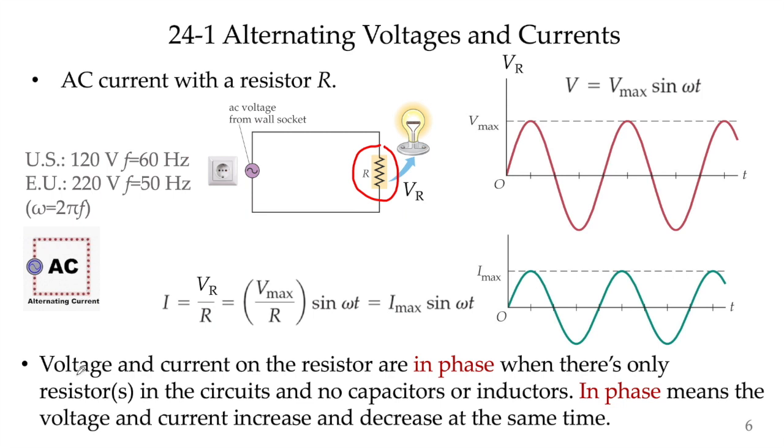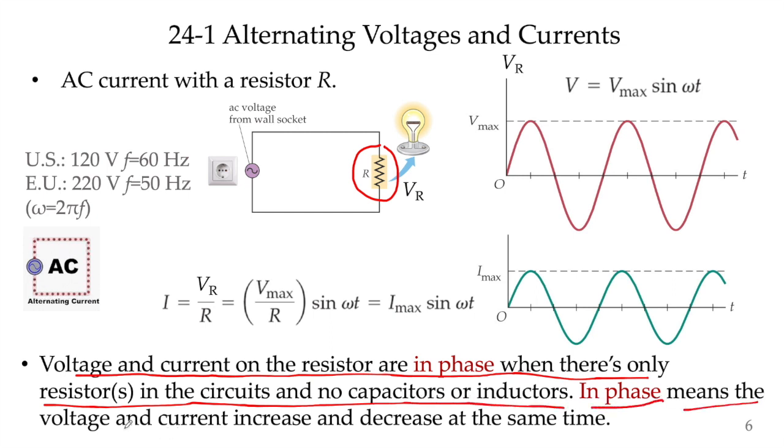Now, voltage and the current on the resistor are in phase when there's only resistors in the circuit and no capacitors or inductors. Here, in phase means the voltage and current increase and decrease at the same time.